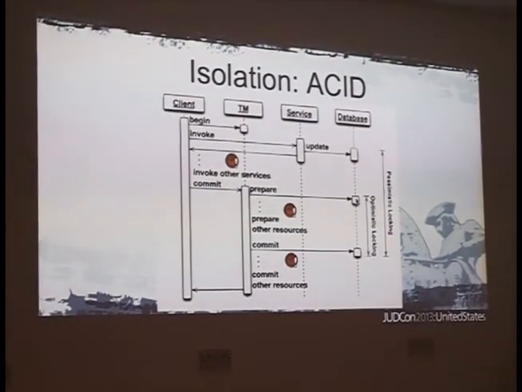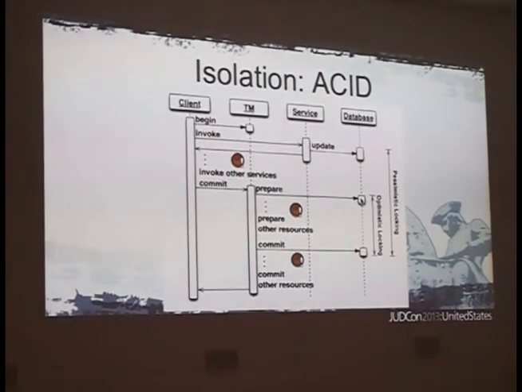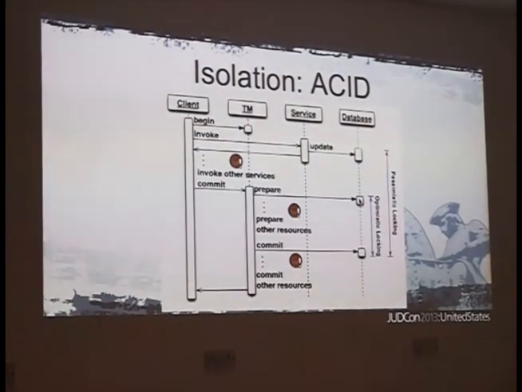If we were using optimistic locking, this is the point when the database will check to see if the change is still valid, so nothing's changed in between. And if it hasn't changed, then it will acquire locks at that point. That prepare will then return, basically saying whether it's going to commit to finishing the transaction successfully.